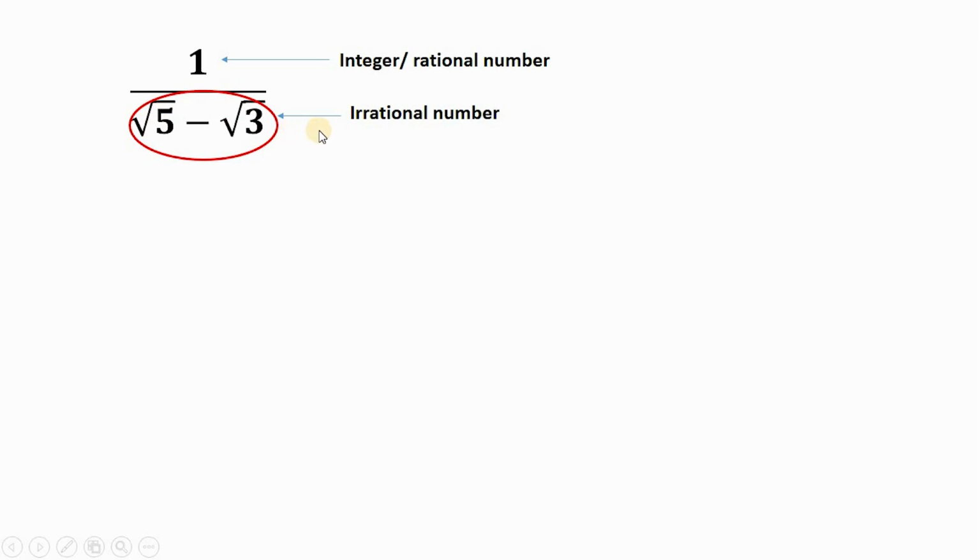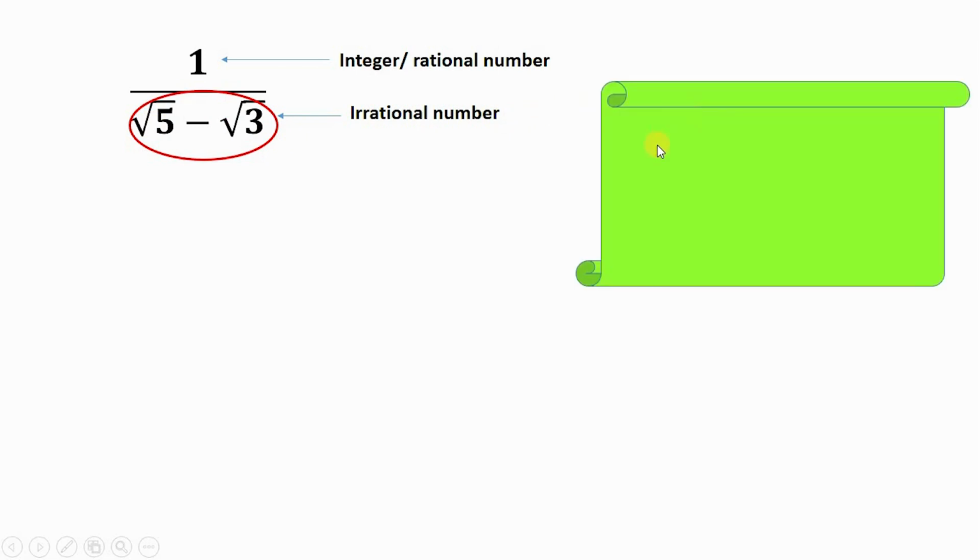Here we recall an algebraic identity: (a plus b) into (a minus b) is equal to a square minus b square. We have square root of 5 minus square root of 3. If you multiply it with square root of 5 plus square root of 3, you will get square root of 5 square minus square root of 3 square.